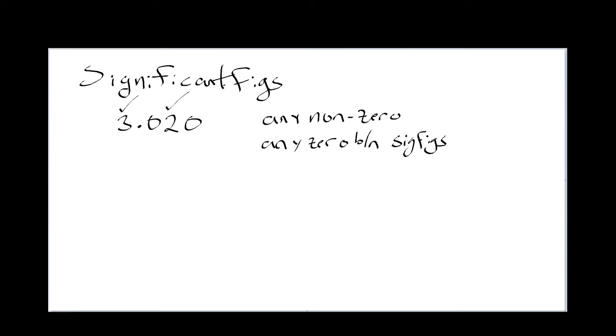Any zero between significant figures is itself significant. Finally, any zero coming after the decimal that ends the number is going to be significant. So this number here has 4 sig figs.